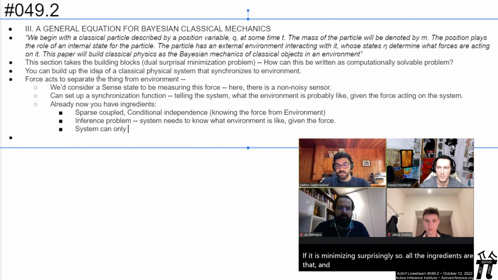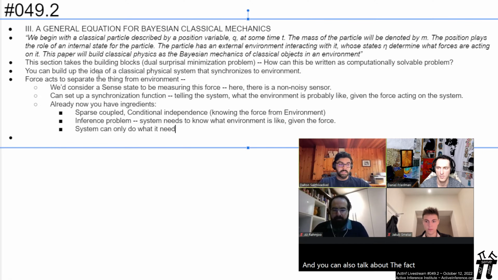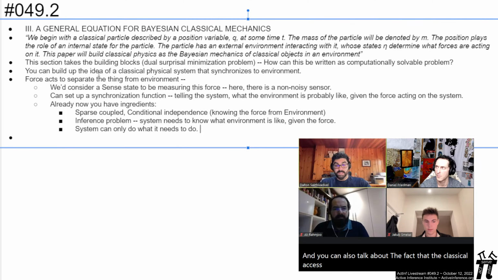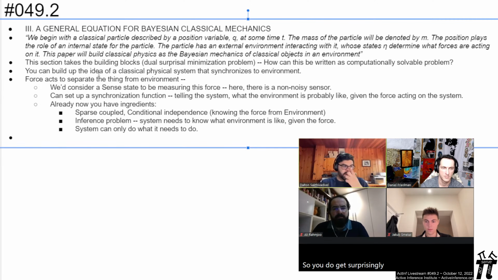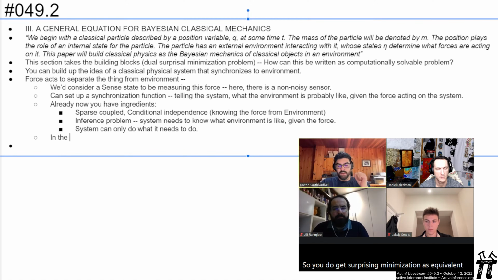And you can also talk about the fact that the classical action is the Bayesian mechanical action in the limit of no uncertainty. So you do get surprisal minimization as equivalent to the classical action minimization.